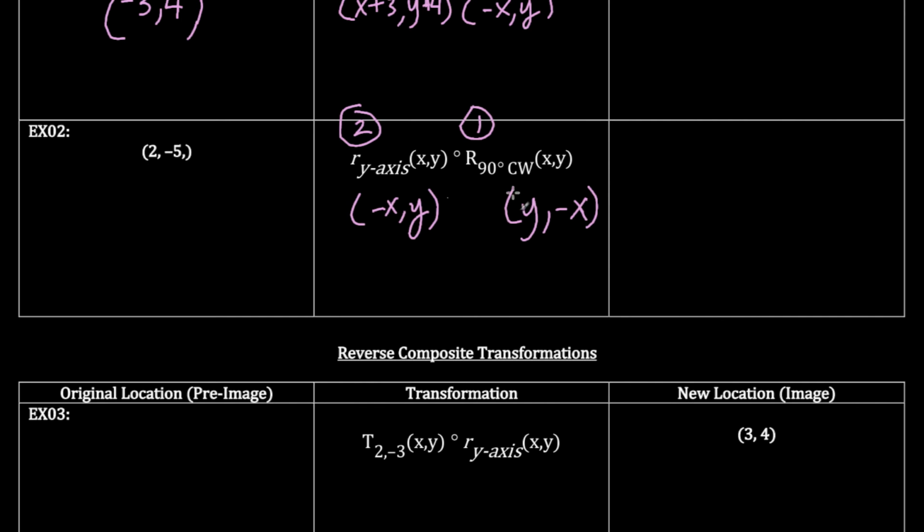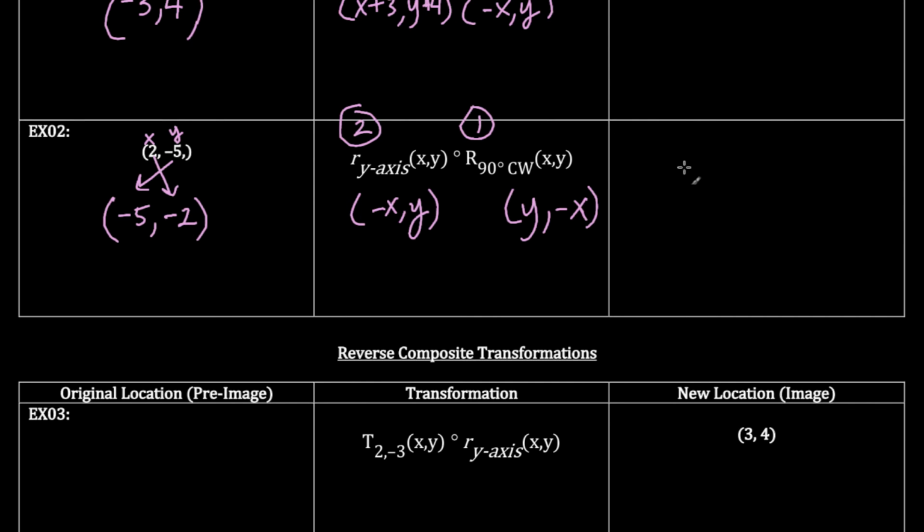Okay, so let's do this rotation first. Let's label this first, x and then y. The y should come over here. Okay, and then the x comes over here, and it becomes the opposite, so negative 2.